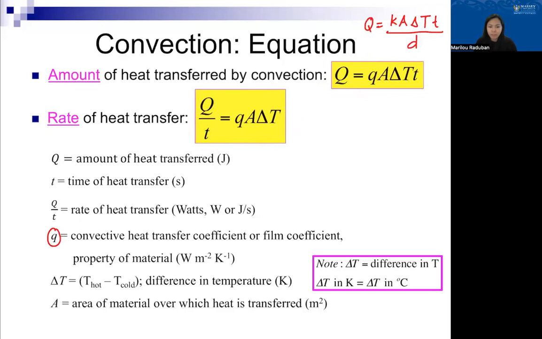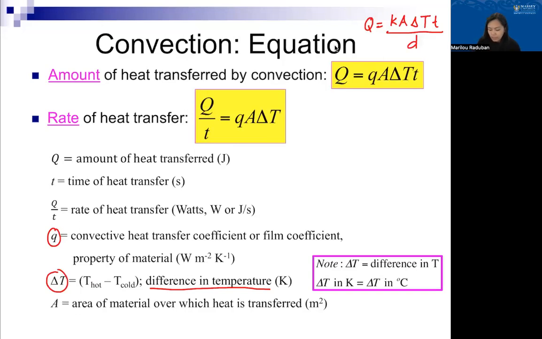Take note again, delta T is the difference in temperature, because that's only when you can have heat transfer, when you have a difference in temperature, hot temperature minus cold temperature.